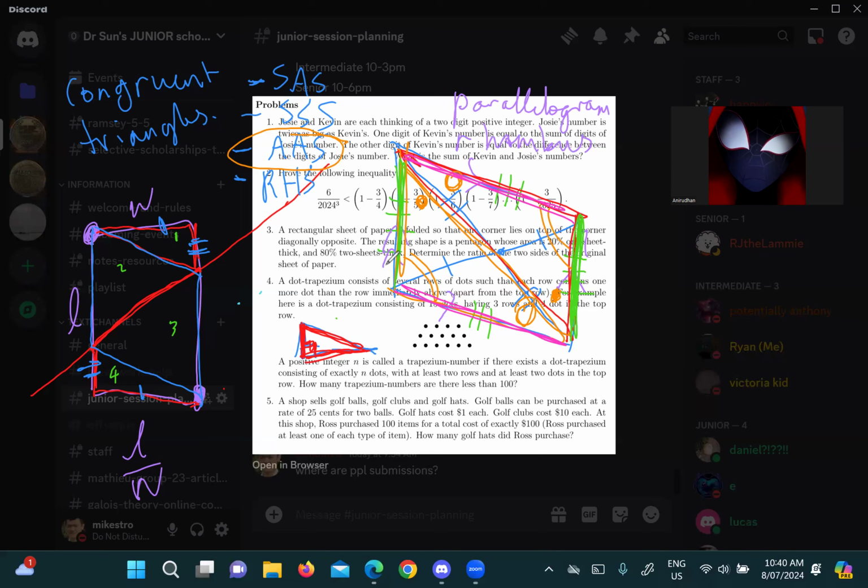So this proves that in a parallelogram, the opposite sides are equal. But here we have a special parallelogram, and we want to know if it's actually a rhombus, basically. Or even more than a rhombus, because it's also equal to this length.